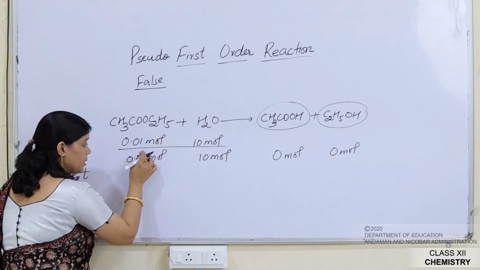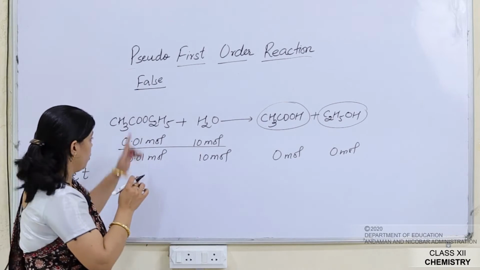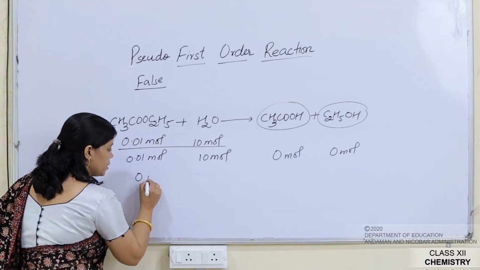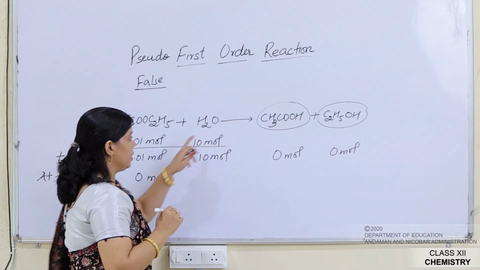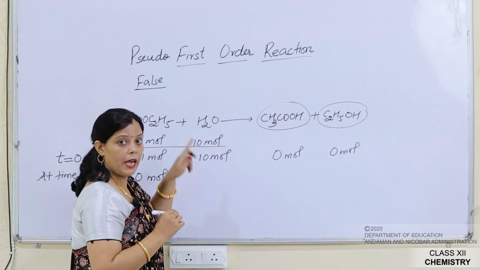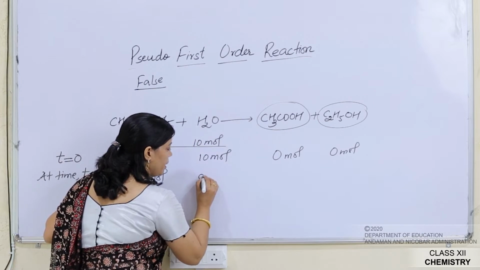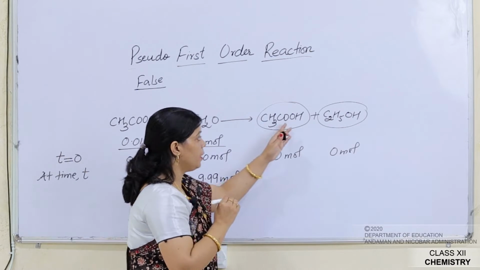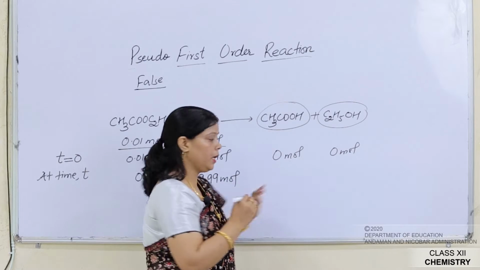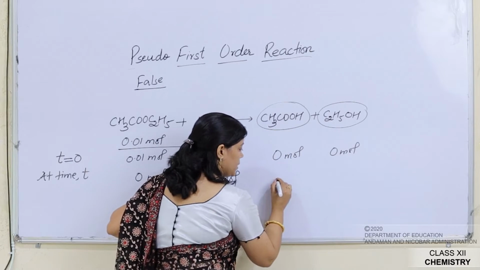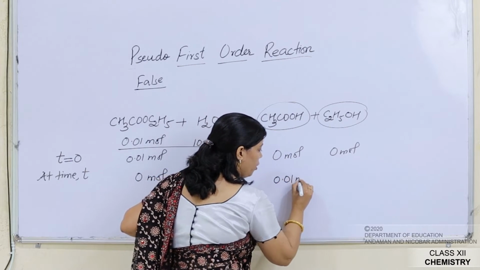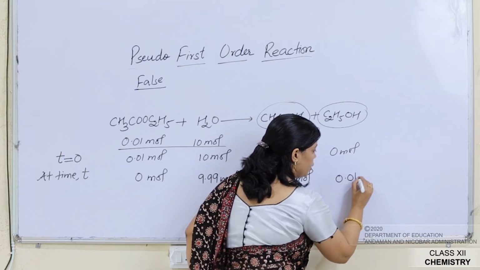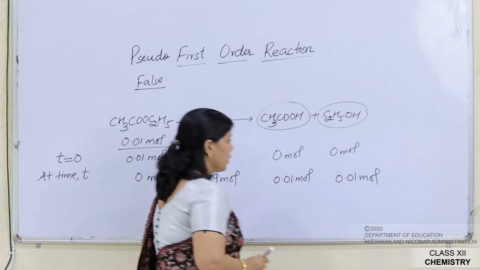That is, the concentration of CH3COOC2H5, ethyl acetate, left at time t is 0 mole, whereas the concentration of water left at time t is 9.99 mole, and similarly the product is formed at time t, and the concentration of acetic acid formed is 0.01 mole, and also the concentration of ethanol formed is 0.01 mole.